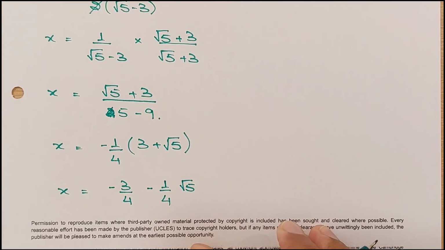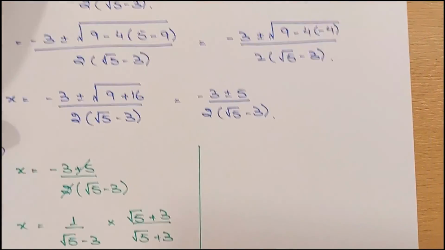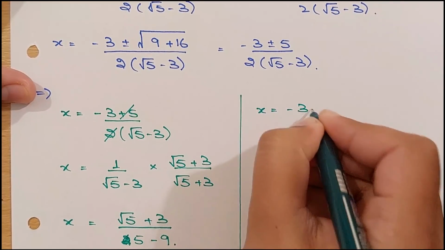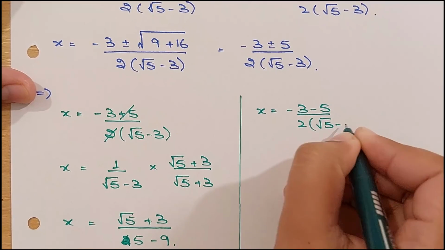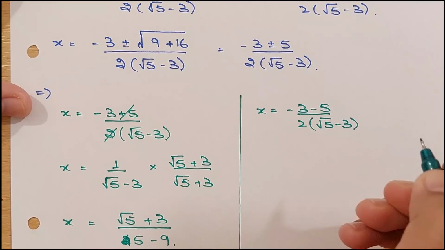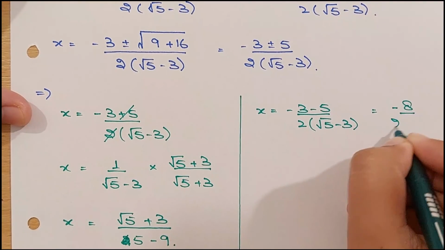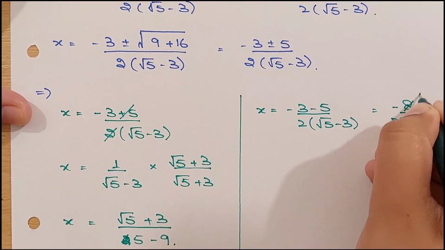Now let me work on the second root. Okay, now the second root is x is equal to minus 3 minus 5 divided by 2 square root of 5 minus 3. So minus 3 and minus 5 is negative 8. So this is minus 8 by 2 square root of 5 minus 3. So 2 times 4 is 8.